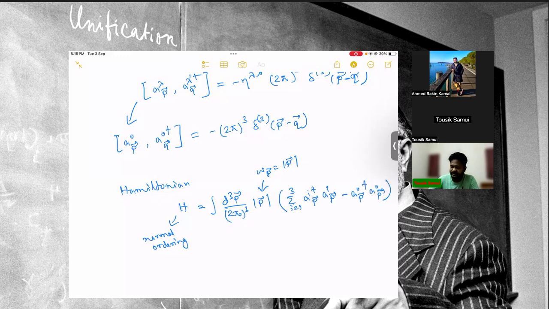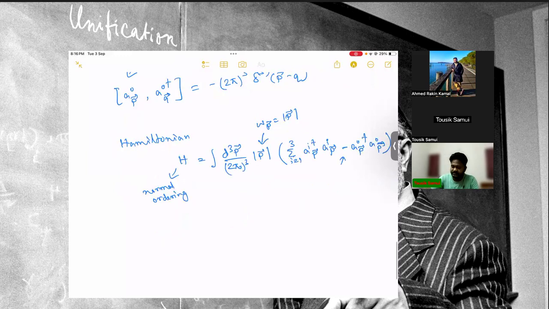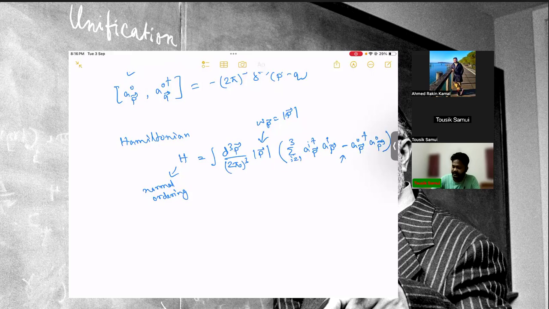And notice this negative sign, that will be useful once we calculate any expectation value with a physical state. So this is an exercise.